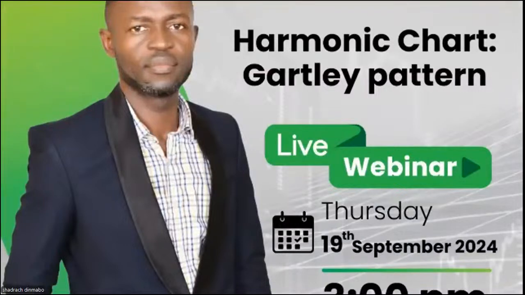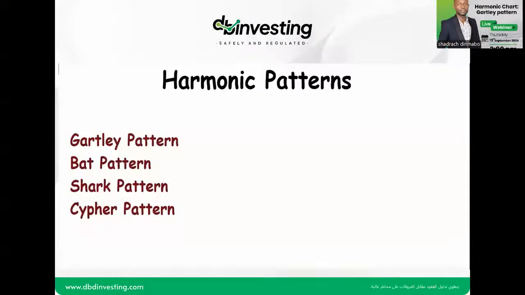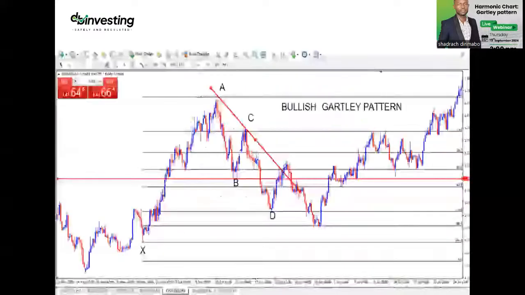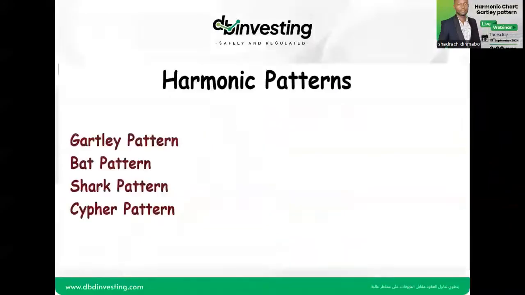So let's dive into what we have for today as regarding the harmonic chart pattern, specifically the Gartley pattern. Without wasting much time, we want to look into what we have for today. Today we are looking at the harmonic pattern.